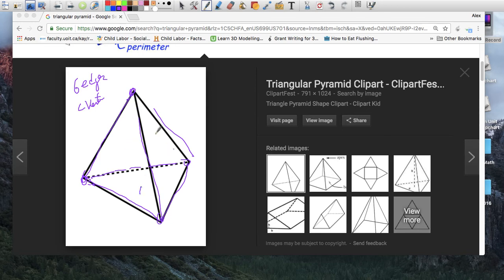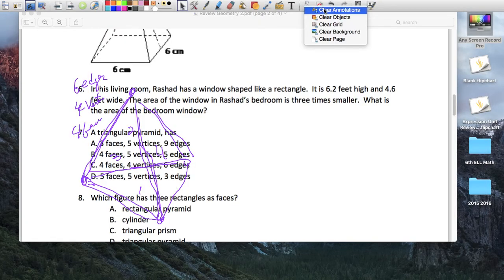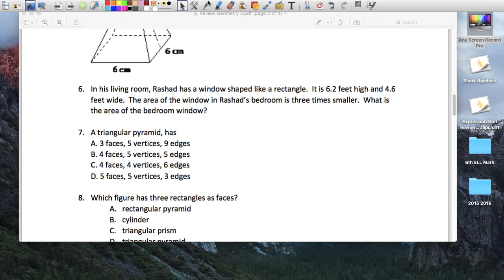The triangle in the back is 2, the triangle here is 3, and this triangle over here is 4. So it has 4 faces. So we're looking for 4 faces, 4 vertices, and 6 edges. Let's see if we can find something like that, and yeah, we do right here. 4 faces, 4 vertices, 6 edges. Yes, 6 edges.